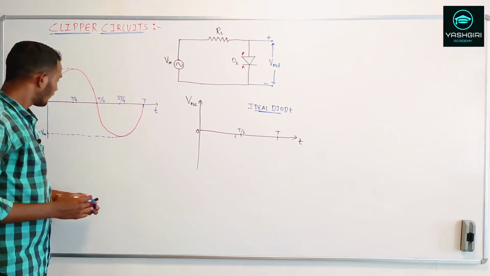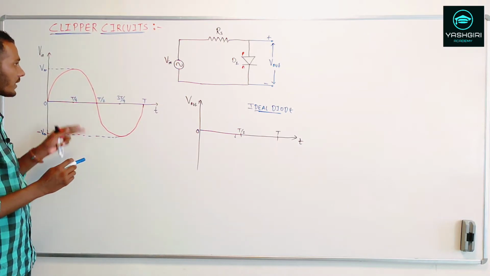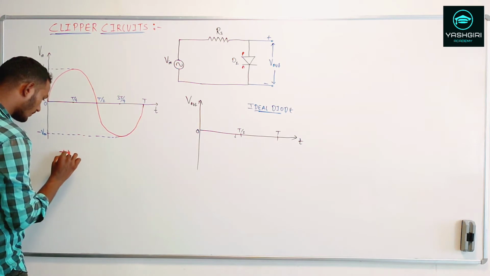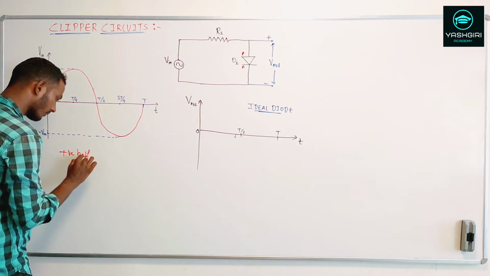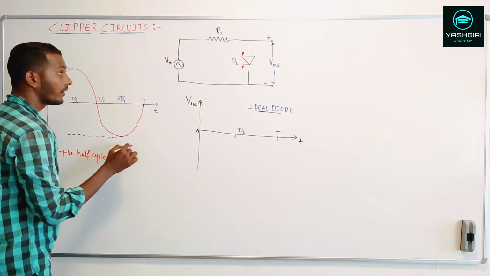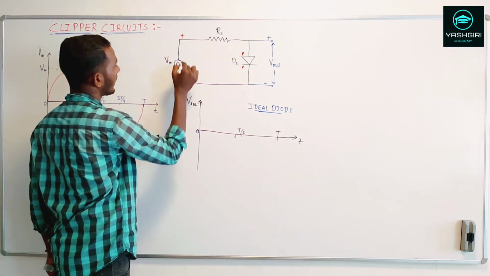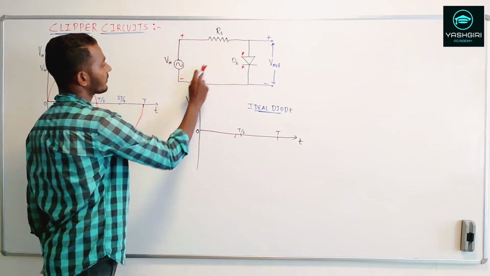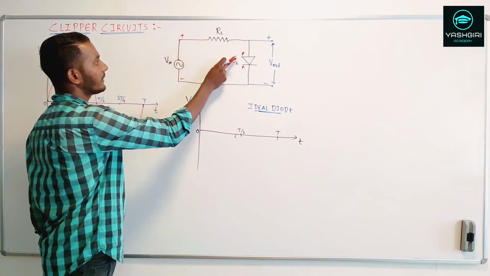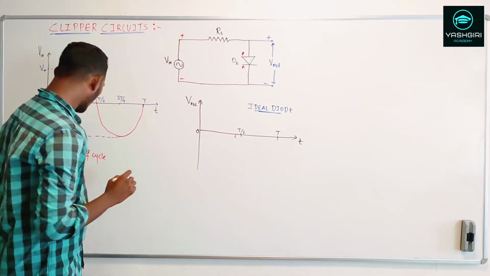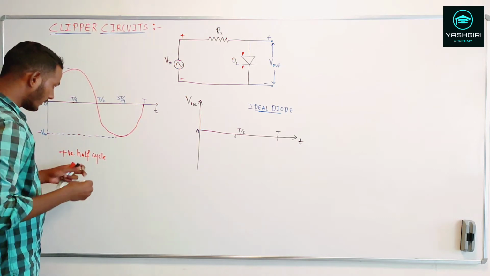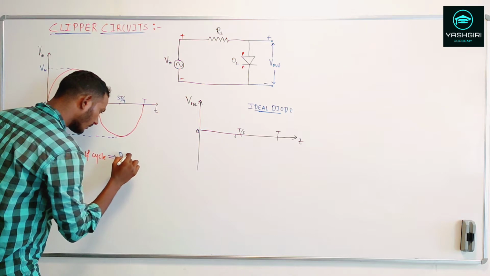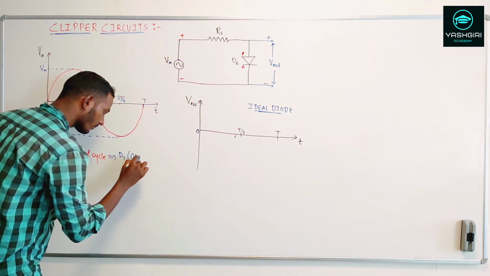Now for the first positive half cycle, here the polarity is plus and minus. Plus is going to the P, negative to the N, that means the diode will conduct. So for the first positive half cycle, diode D1 is in the on mode.